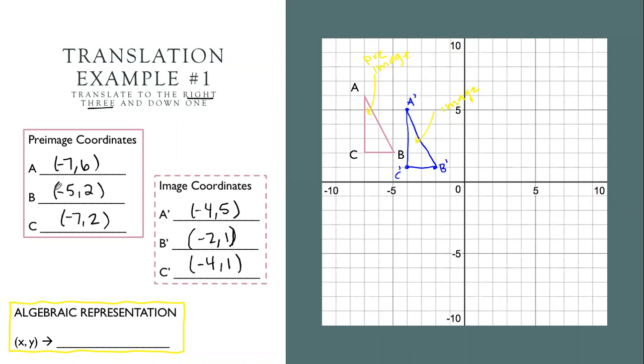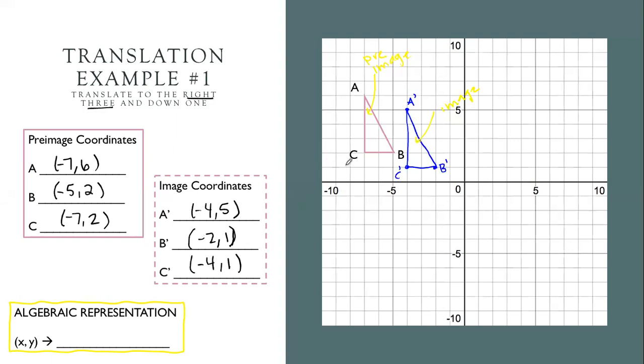The B value went from negative 5. B prime is at negative 2. C is at negative 7. Then it went to negative 4. So it moved 3, and also the number moved 3. It added 3 to the x value. Negative 7 plus 3 is negative 4. Negative 5 plus 3 is negative 2. Negative 7 plus 3 is negative 4.